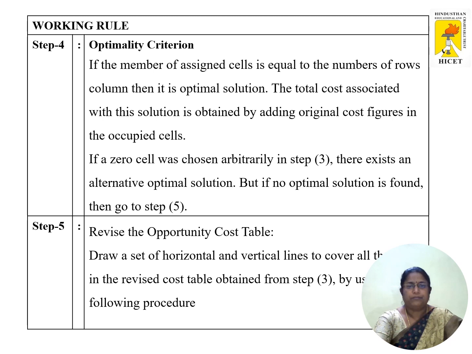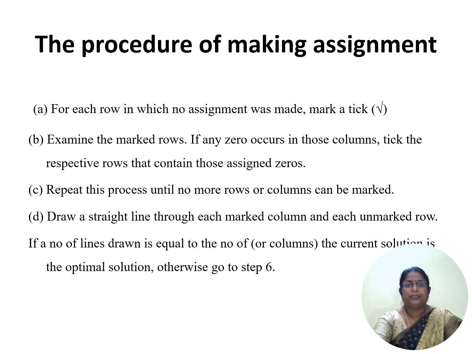In step 5, revise the opportunity cost table by drawing a set of horizontal and vertical lines to cover all the zeros in the revised cost table obtained from step 3, using the following procedure. For each row in which no assignment was made, mark with a tick. Examine the marked rows.